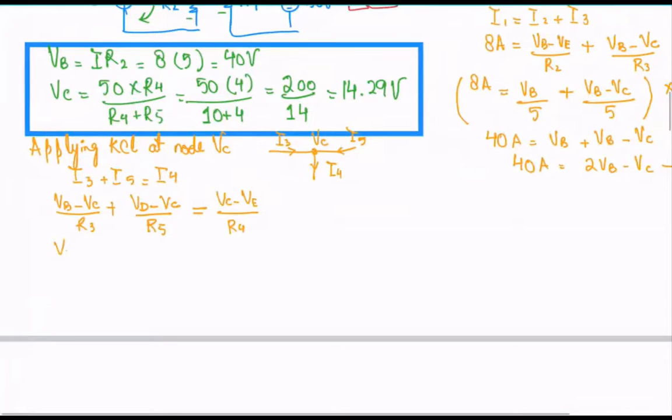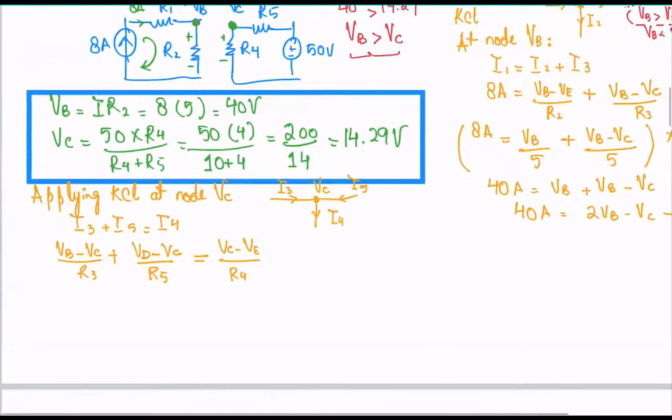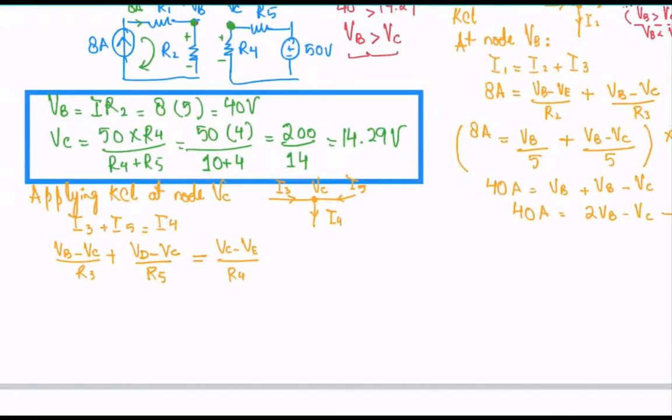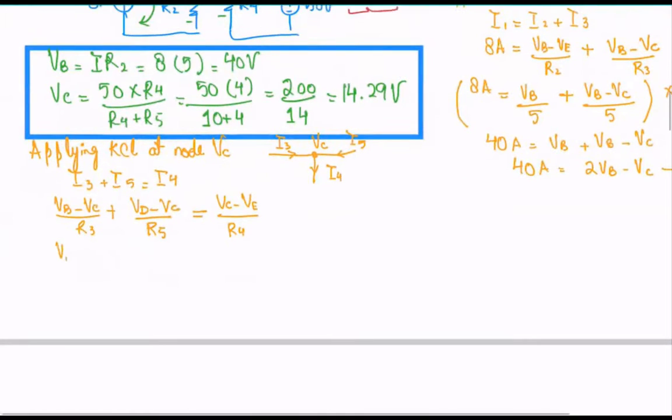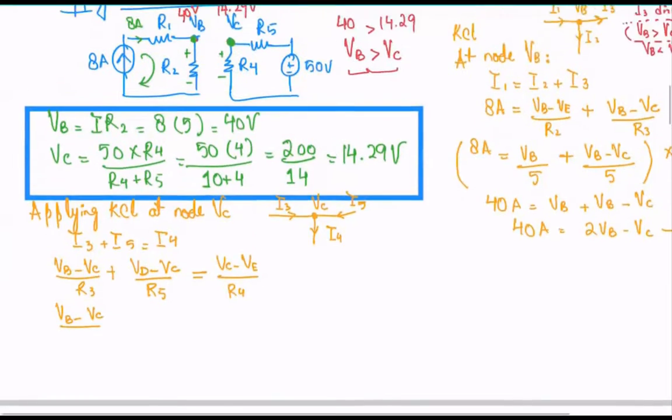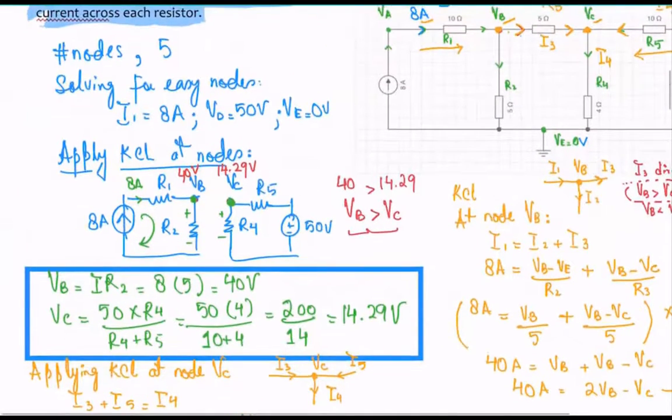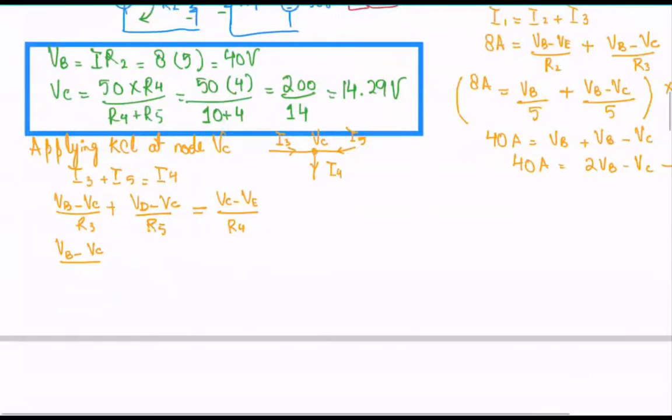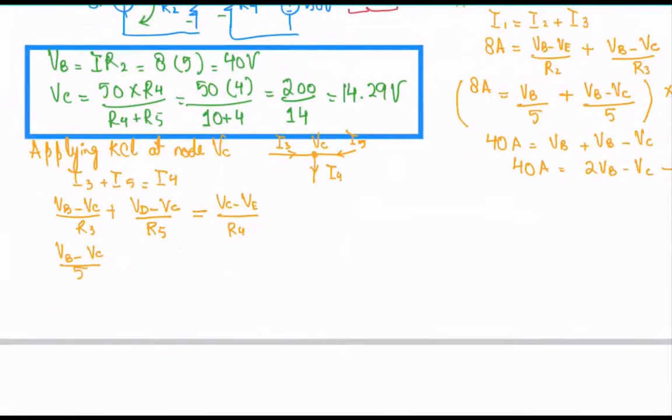So if I plug in the values, I get VB minus VC. VB and VC are unknown, so we don't know their values yet. So I can just write VB, VC. R3 obviously is known. R3 is how much? 5 ohms. So I get 5 here.